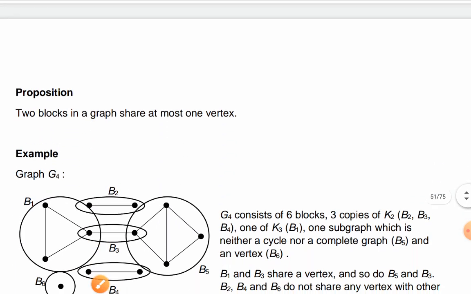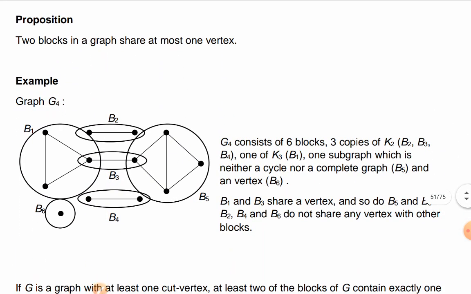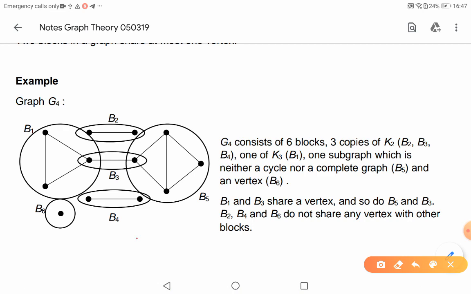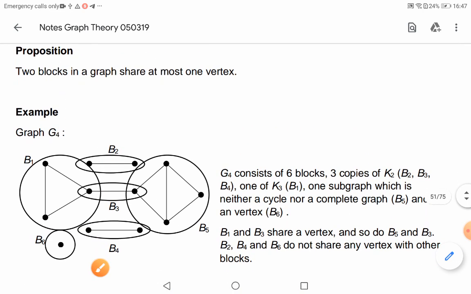So we have a proposition here: the blocks in a graph share at most one vertex. Example: this is one vertex. So we have 3 blocks, B1, B2, and B3, that share cut vertices.